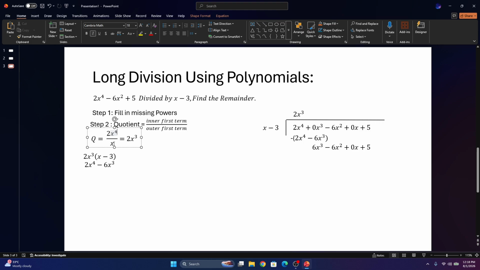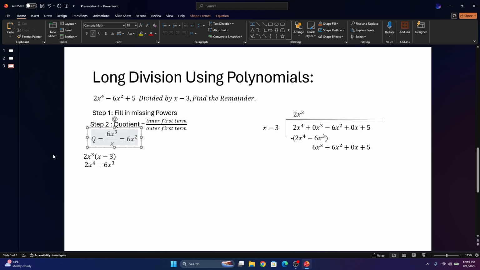So what we're going to do is divide 6x cubed by x, because x is still the outer first term. And we're going to be left with 6x squared.